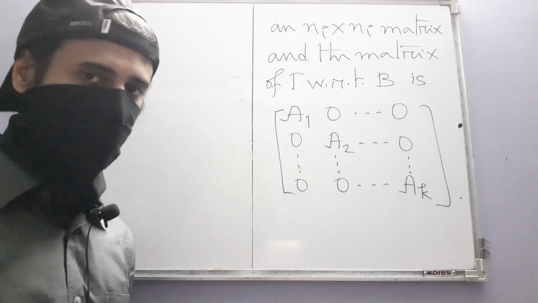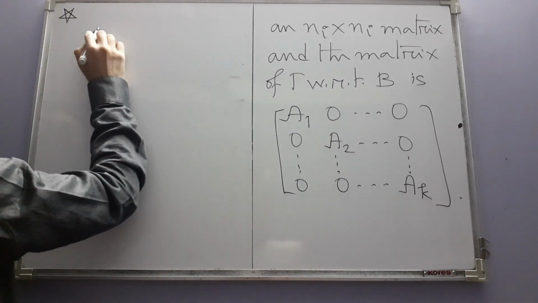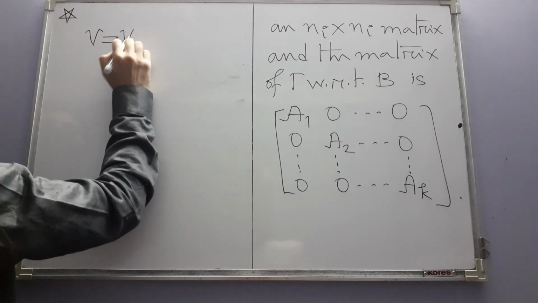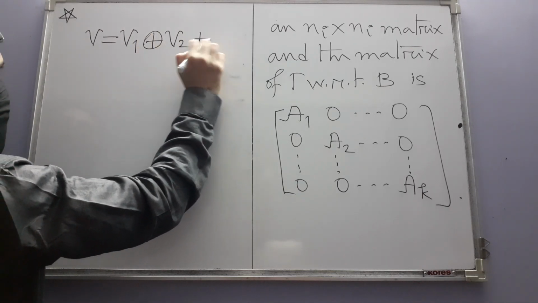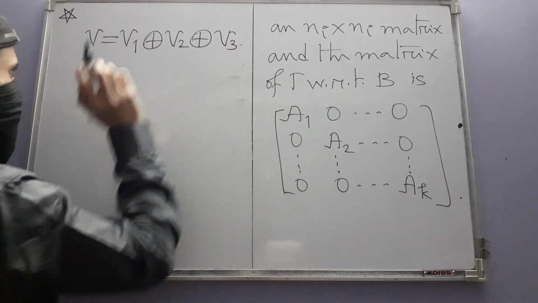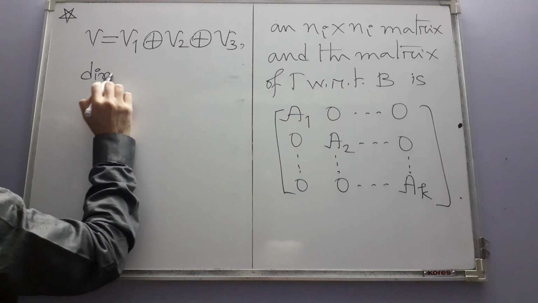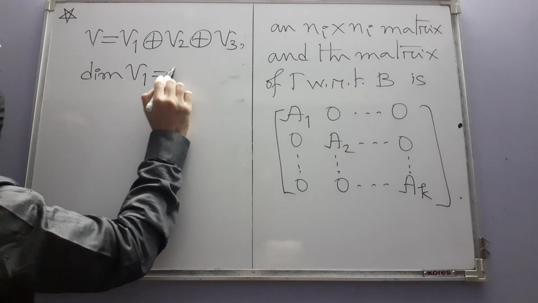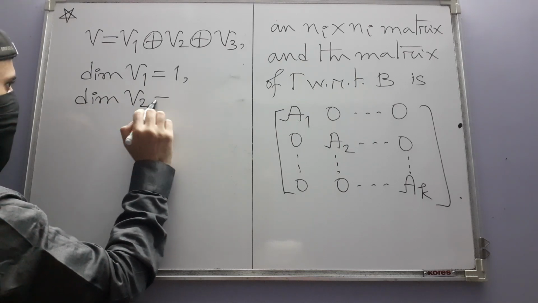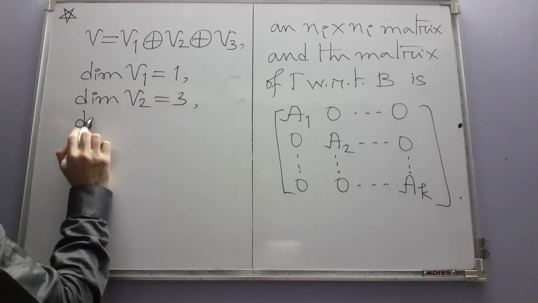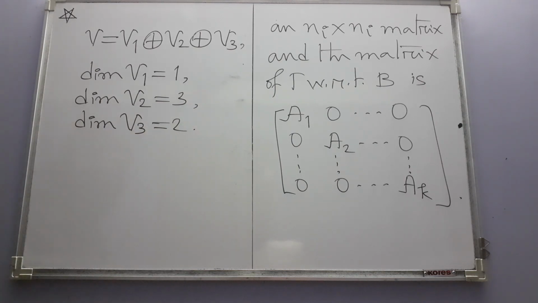According to how the proof went, let me take this small example. Say V is equal to V1 plus V2 plus V3, where dimension of V1 is 1, dimension of V2 is 3, and dimension of V3 is 2, say.